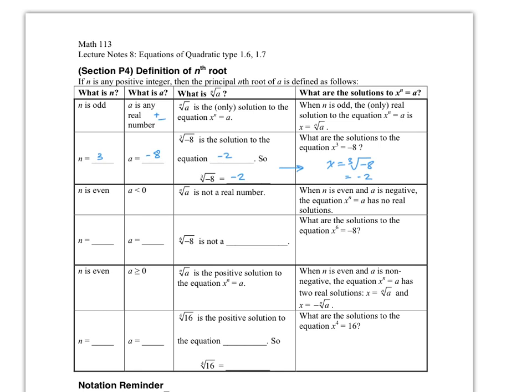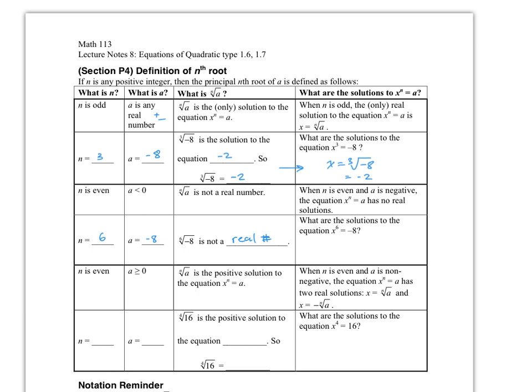So now, if n is even and a is negative, that is not a real number, and you stop there for now. So, for example, here, the value for n is 6, which is even. The value for a is negative, which is negative. So therefore, this is not a real number.